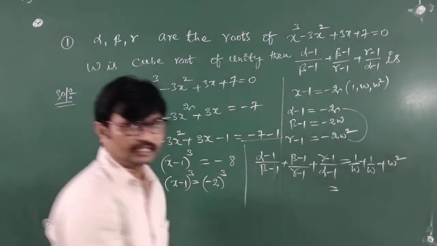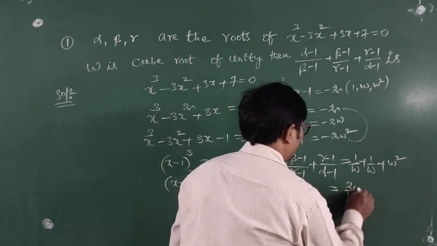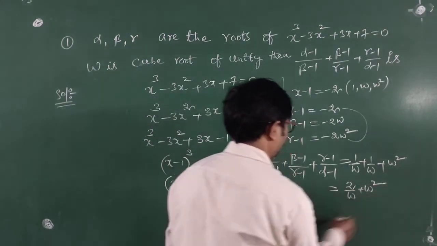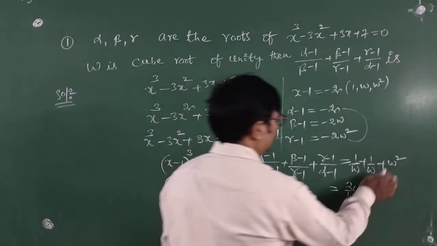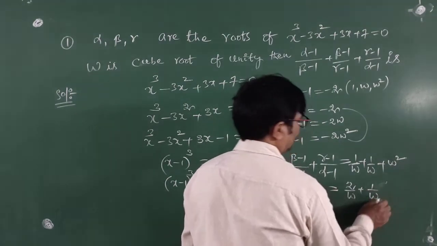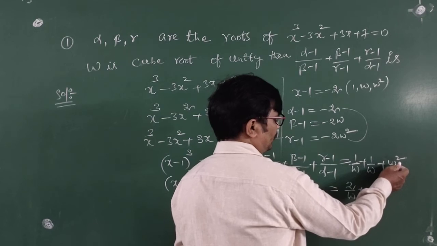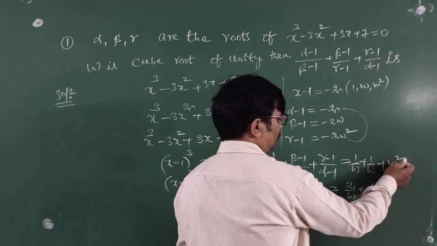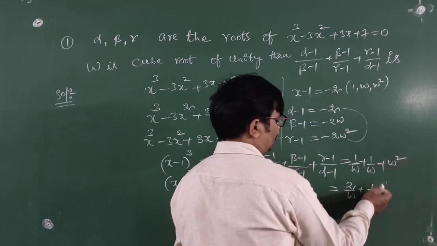Now we can write this as 2 by omega plus omega square. Omega square we can also write as 1 by omega, since we multiply numerator and denominator with omega. Omega square into omega is omega cube, and omega cube is 1.